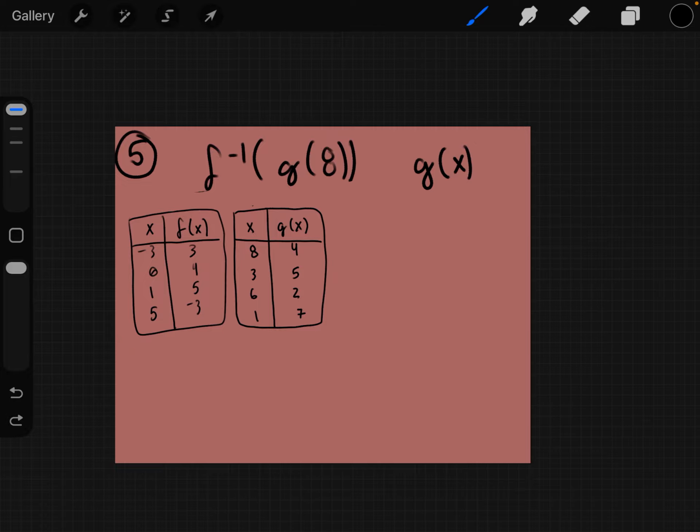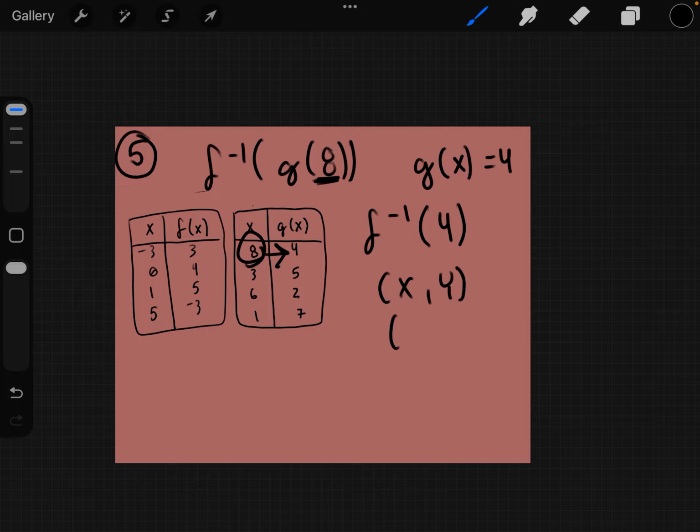So you want to look at your g of x table, and you want to look at the x side, because that is what goes right there. So we're looking for 8. Here's 8. And when x is 8, g of x is equal to 4. So we've got f inverse of 4 is what we need to find. But we don't have a table that says f inverse. But you remember what I tell you when I tell you things. So you know that we just need to flip the values around.